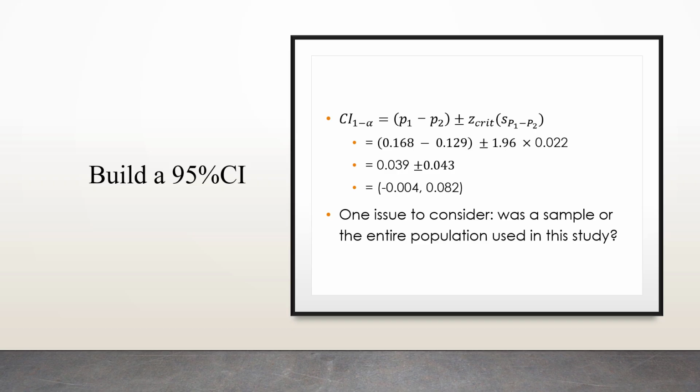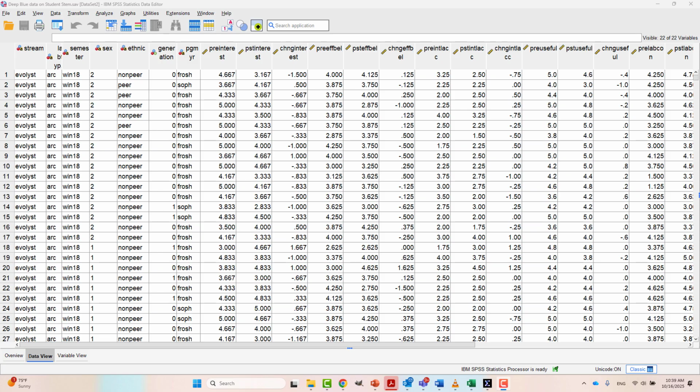As you can see, this test involves several calculation steps and formulas. But things get much easier when you use SPSS. Here is how you can run independent samples test for proportions in SPSS.